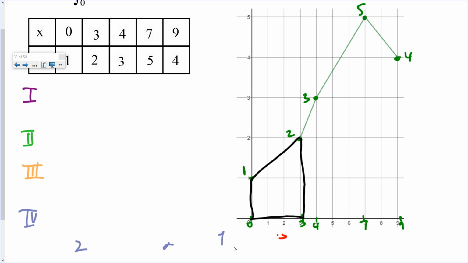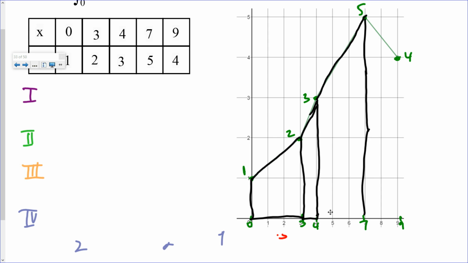It's a trick. It should be called the sideways trapezoid method. Then your next trapezoid is like you connect the 2 and the 3 points, and you see it's a long, skinny trapezoid. You have to turn yourself sideways to see it. And then the next trapezoid is right here, comes down this way. And your final trapezoid is right here. And this is the trapezoid method.